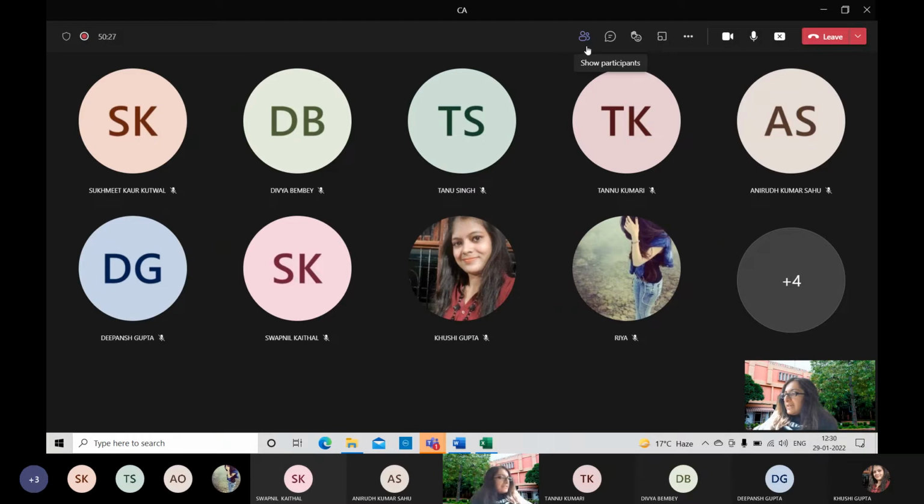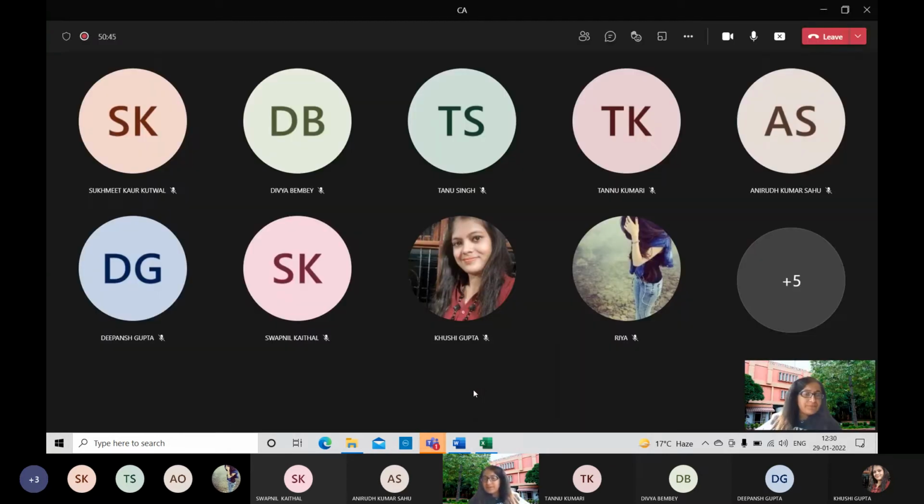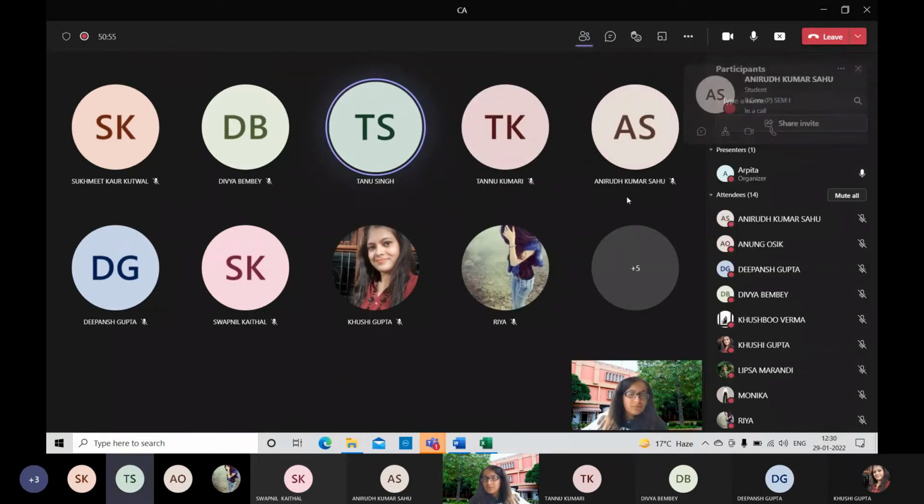Now you see, if we look at this question and try to understand from the purchase consideration point of view, this is illustration 8. Now guys, tell me, in this illustration that I have just sent you, who is the vendor? Ma'am, S Limited. Fine.